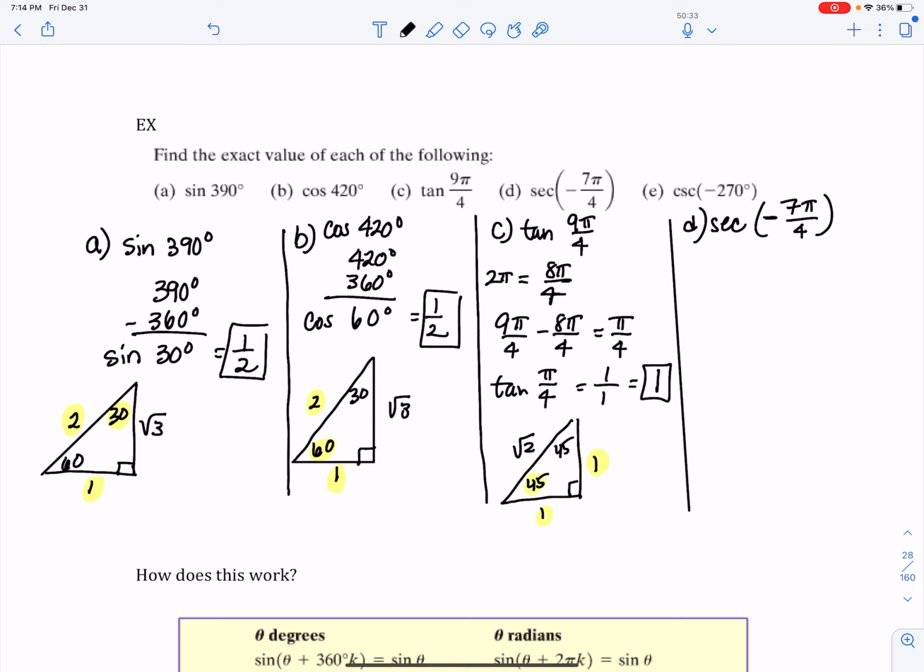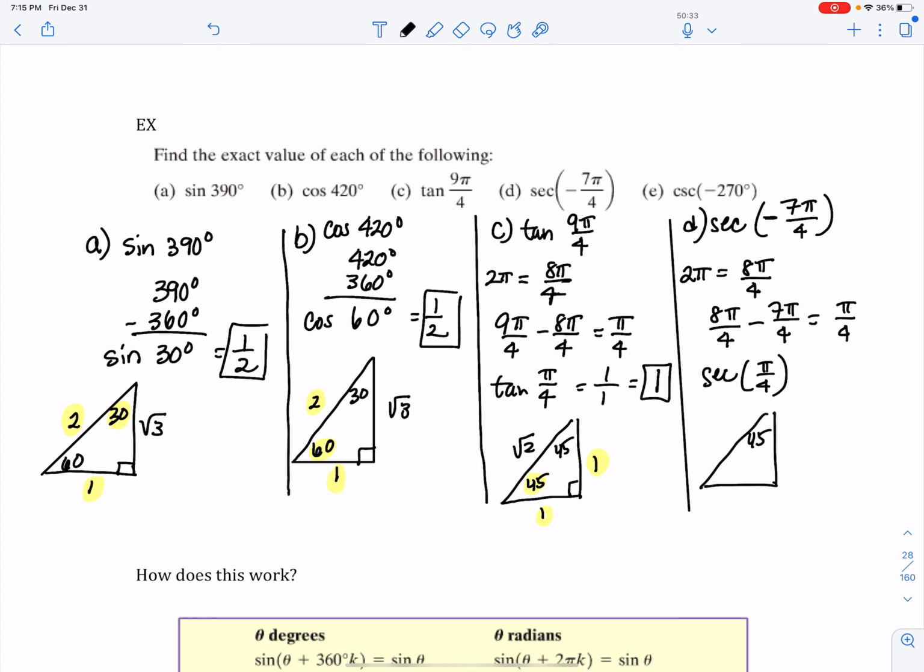So I know from the last problem that 2 pi, or 360, is equivalent to 8 pi over 4. So if I add 8 pi over 4, which is 2 pi, to negative 7 pi over 4, I'm left with pi over 4. So I'm looking for secant of pi over 4, which is coterminal to secant of negative 7 pi over 4.